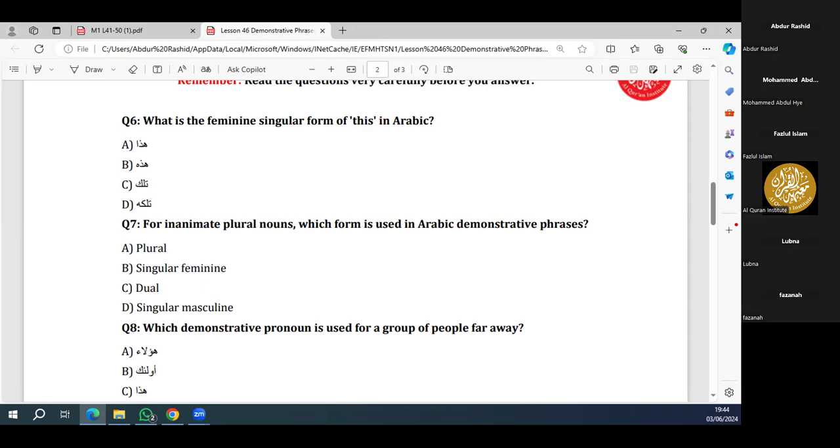A, plural. B, singular feminine. C, dual. D, singular masculine. They all say singular feminine. It says inanimate plural nouns.